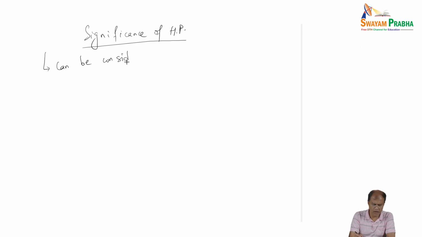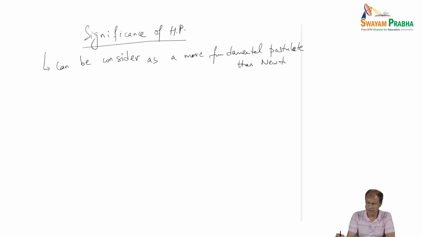So let us write down these facts. First of all, we can consider Hamilton's principle as a more fundamental postulate than Newton's law, and it is an alternate route to Newtonian theory.